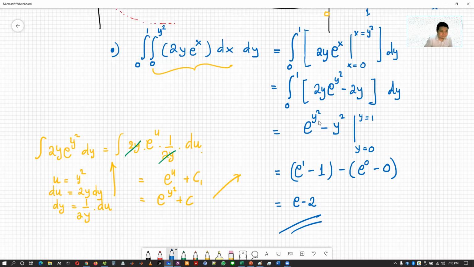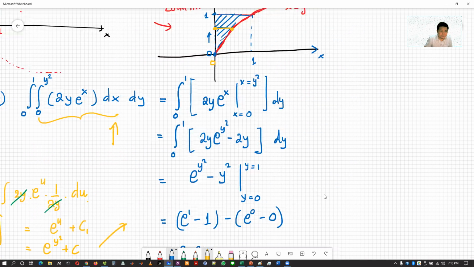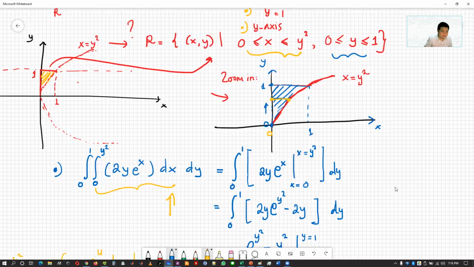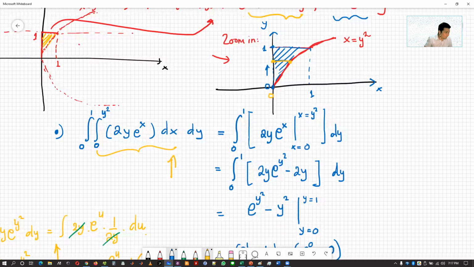This is by considering x first. But now we will continue with exactly the same problem, but now we change the order of the integrations.